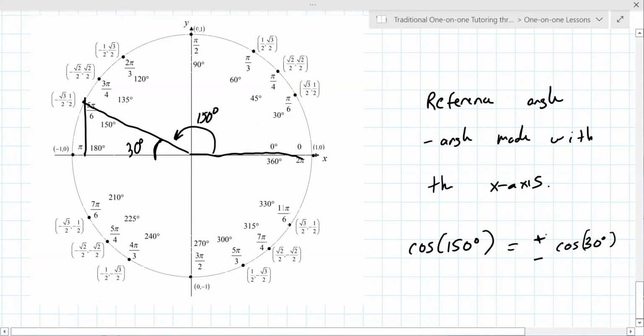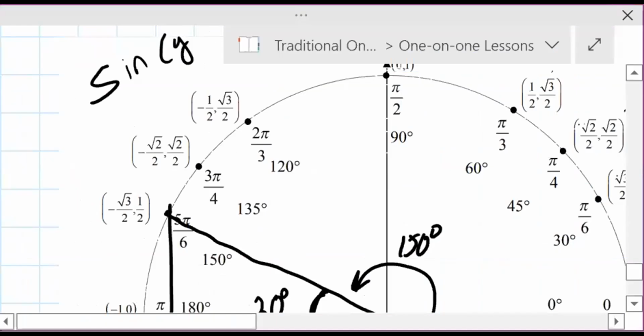So we're going to focus on two things, figuring this out. There's this convention called ASTC, and here's what it means. It means that all of your trig functions are positive in the first quadrant. You see how all the outputs are positive in the first quadrant? That's what the A stands for. The S stands for sine. It says that sine, or the y values here, oops, I'm so sorry.